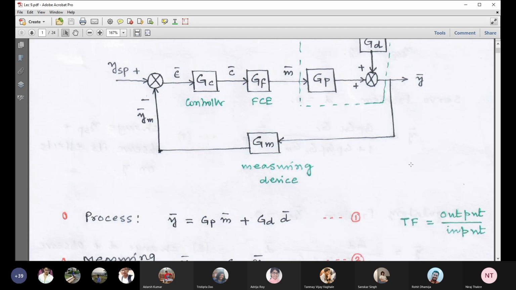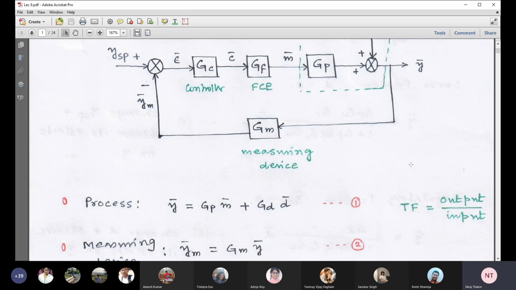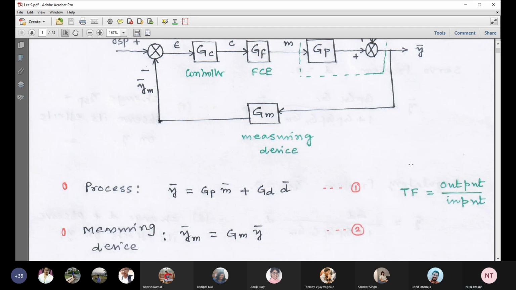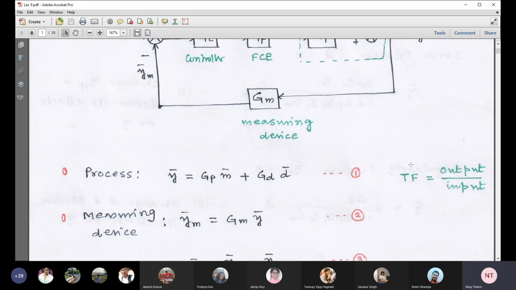Now let us write the measuring device. Here our output is ym, input is y, and transfer function is gm. So ym bar equals gm y bar. Output by input, in a straightforward way, equals gm.